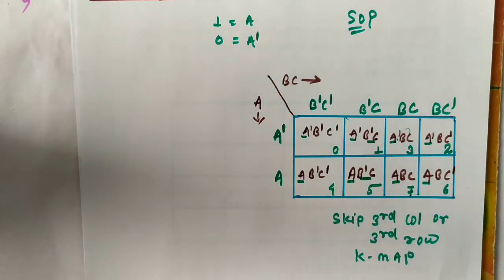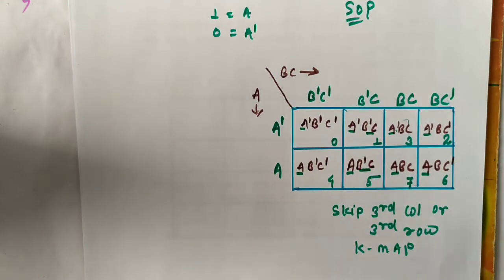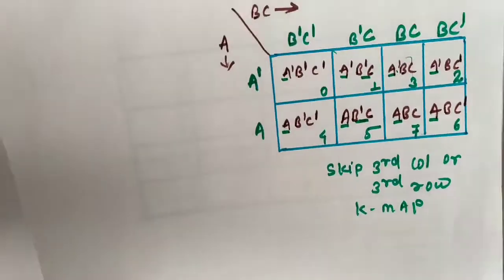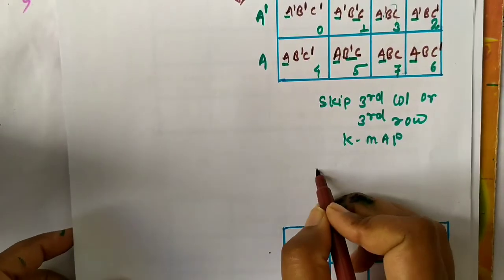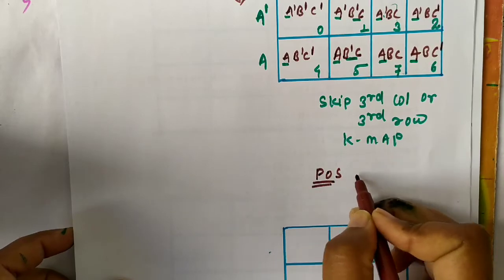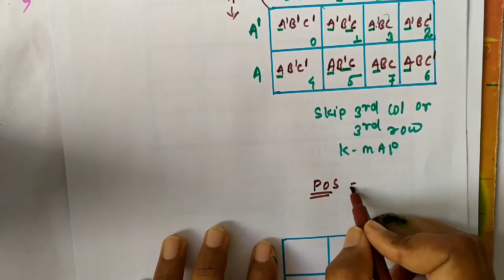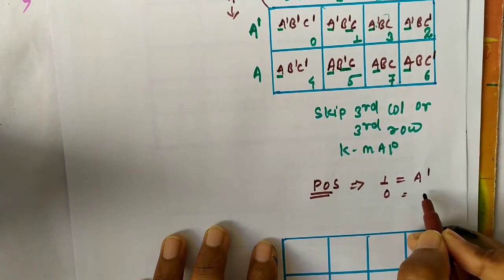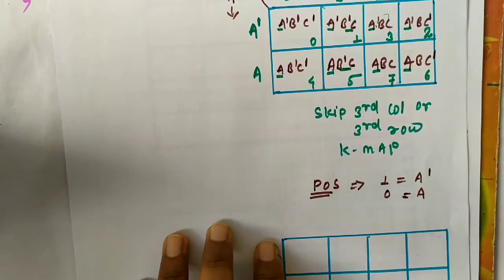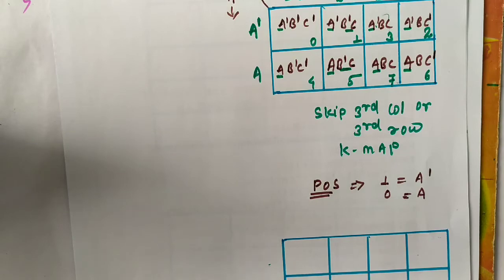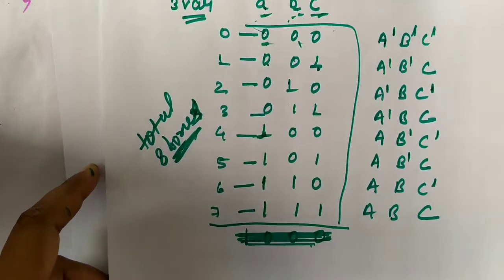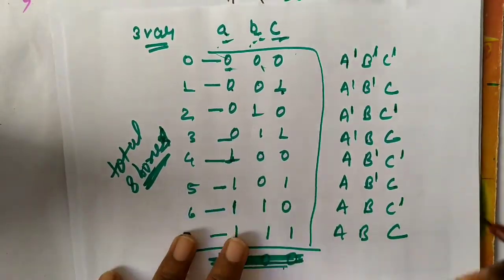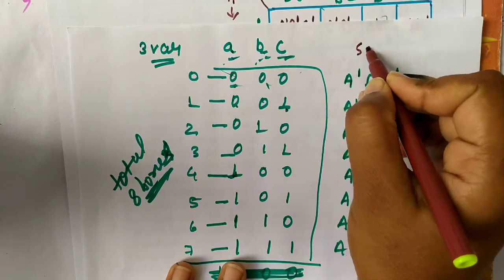Now we can change the question for POS. Here POS, that means 1 for A dash and 0 for A. So let's write the expression. Here this is the binary number and this is for SOP.